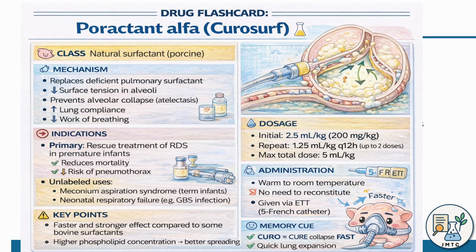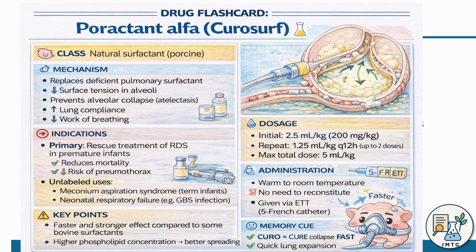Ano naman ang initial dose for Curosurf? That's 2.5 milliliters per kilogram. So, mukha siyang konti, pero siya yung mas mataas ang concentration at 200 milligrams per kilogram. Paano naman ang dosing ng Curosurf continued after the initial dose na 2.5?